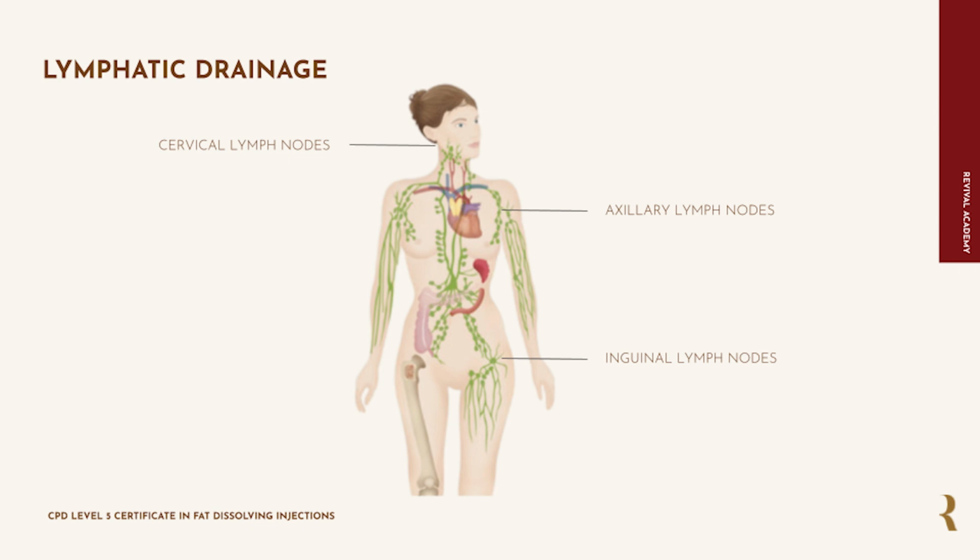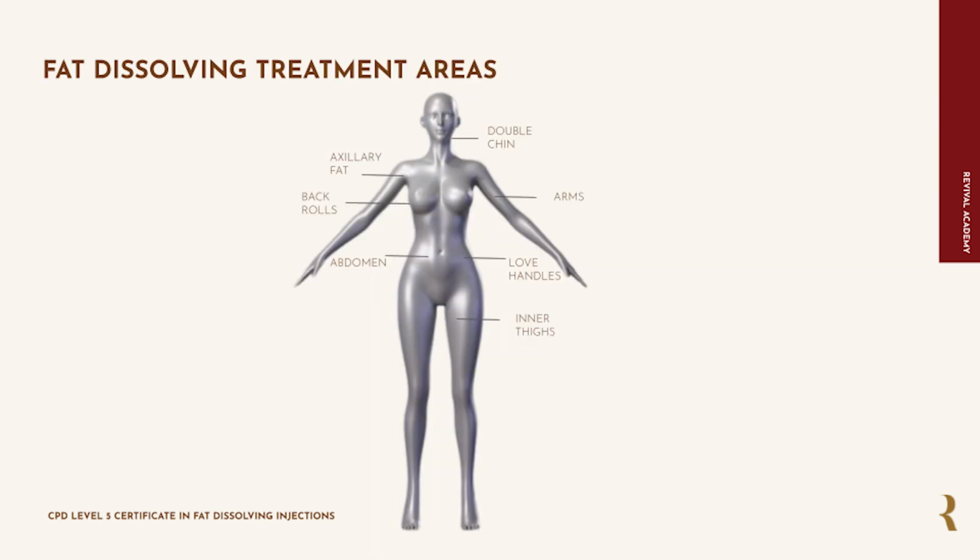The problem with any other area is that it has no other flushing point and it's not close to the lymph nodes, so it would not give you any results, just pain, swelling and tenderness. Now, treatment areas you can actually target: pretty much any area that does have fat. The really common ones are the double chin, which gives a really great result, then the arms, the stomach, and the love handles.